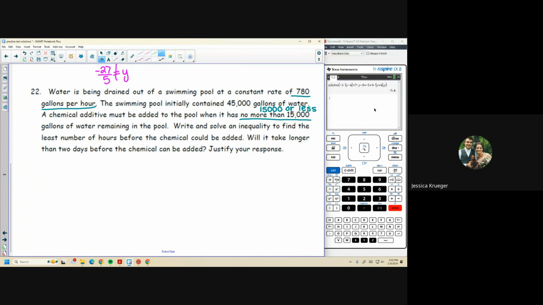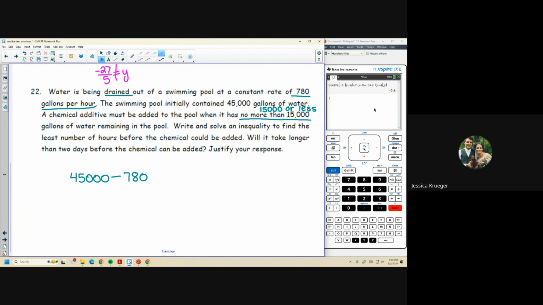Okay, so we start out with 45,000 gallons of water. Since water is draining, I'm not adding to this, I'm subtracting from it. And I'm subtracting 780 gallons each hour.